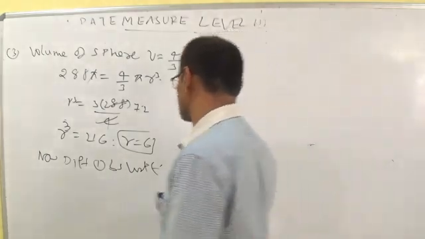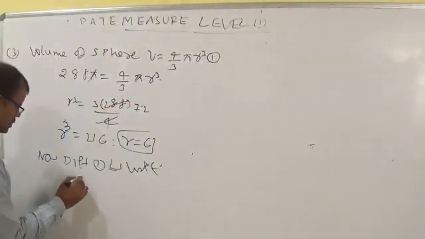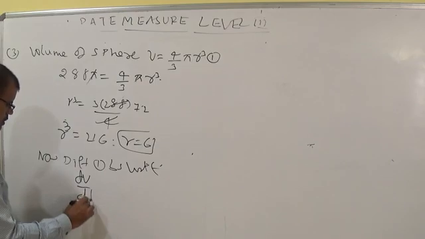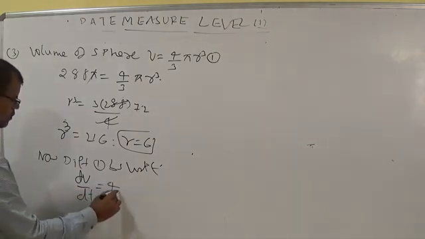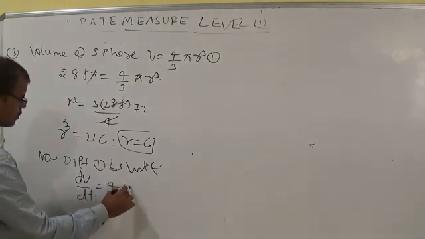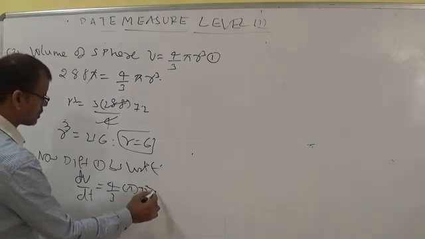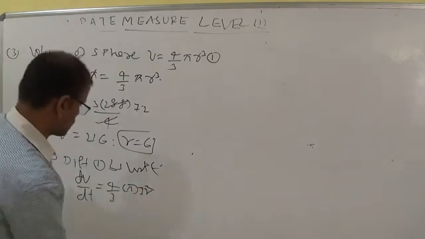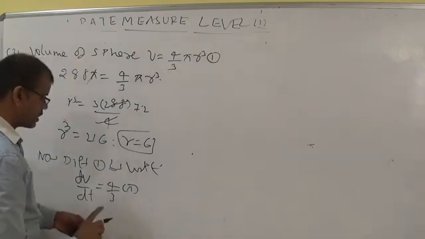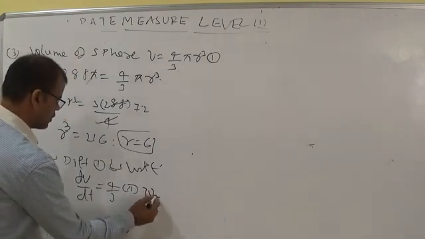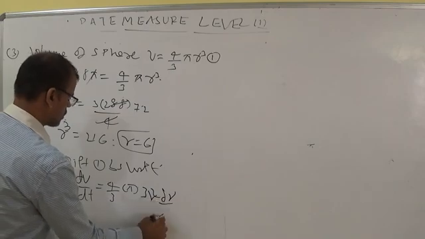Differentiating both sides with respect to time, dV/dt is equal to 4/3 into π into 3r² dr/dt. Let us write properly: 4/3 into π into 3r² dr/dt.